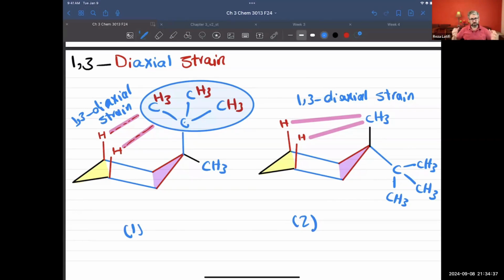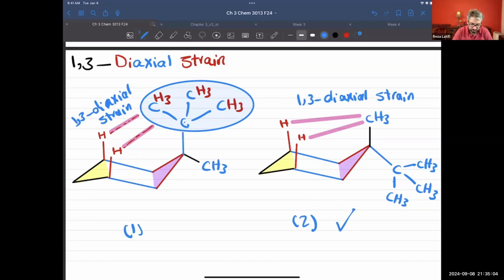So if you have 2 groups sitting on 1 carbon and you want to figure out the most stable structure or conformation, put the bulky group in the equatorial position, because it creates less repulsion, or less strain. So the second structure is going to be the most stable one.